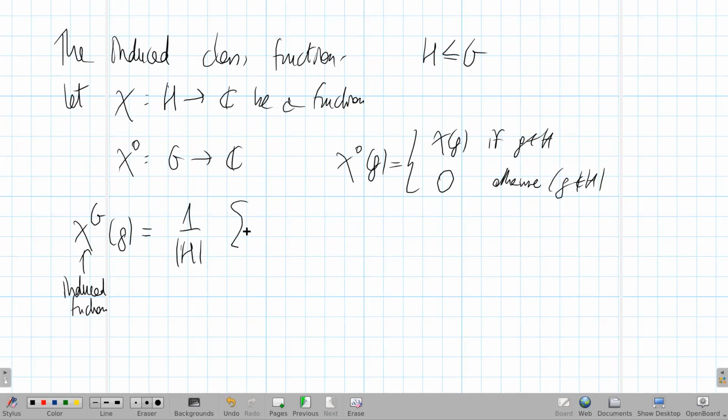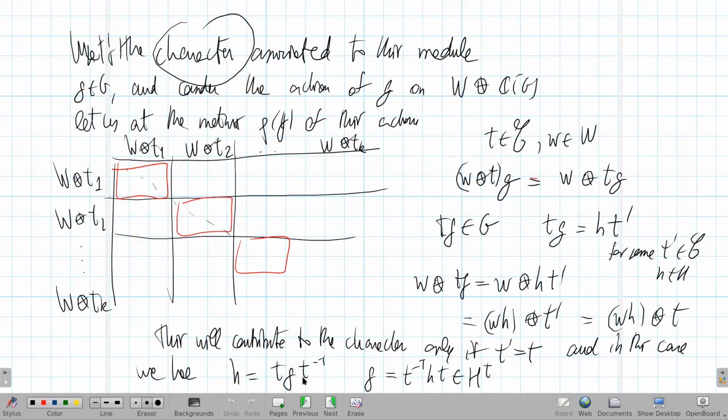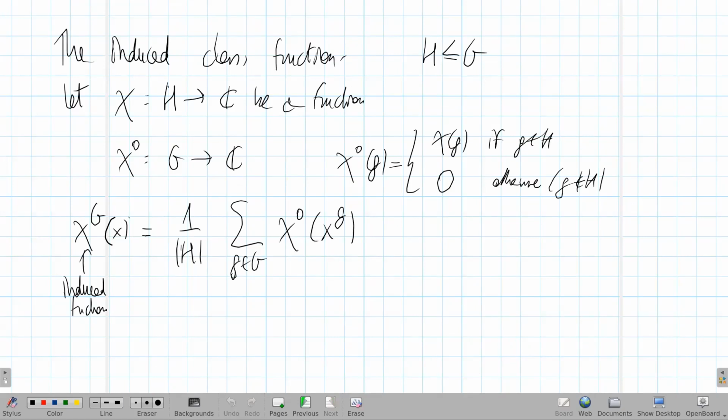And then you sum, no, sorry, I made a mistake. It's better to use the letter X here. So the sum over G in G of chi naught of X G. The notation is slightly different from what we saw here, unfortunately, but anyway.